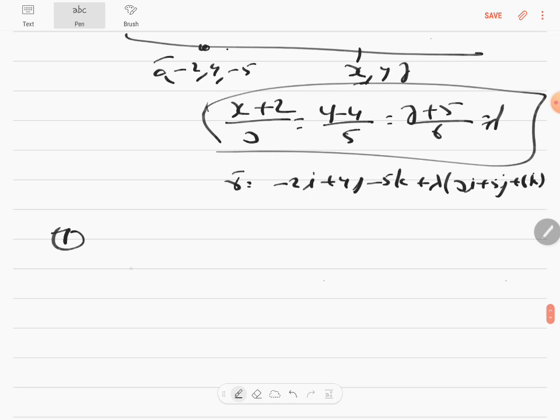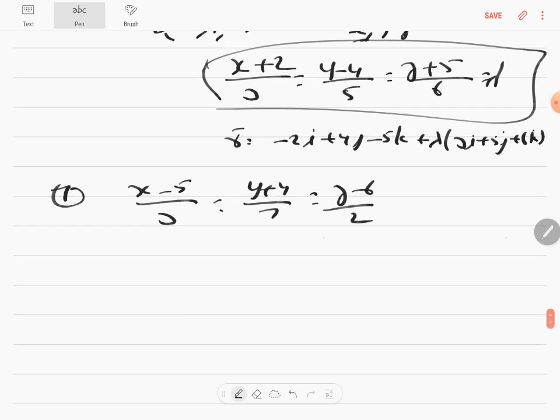Find the vector equation of the line. They've given the Cartesian equation of the line already, and they're asking you to write the vector form. Set it equal to lambda and write r vector is equal to, where this is your x1, y1 and z1, from x minus x1 by a. So x1 is 5, y1 is minus 4, z1 is 6, because with the plus 4 it has to be minus 4, y minus y1.